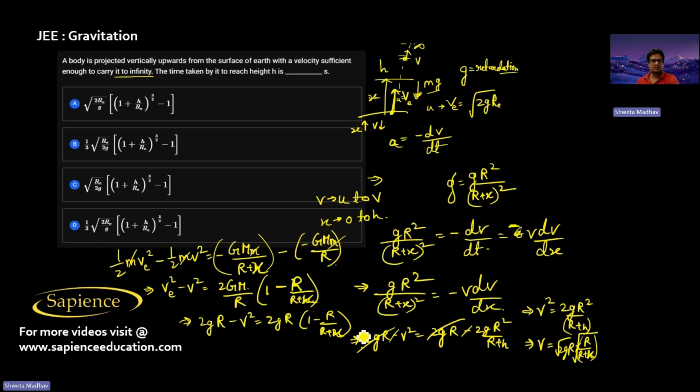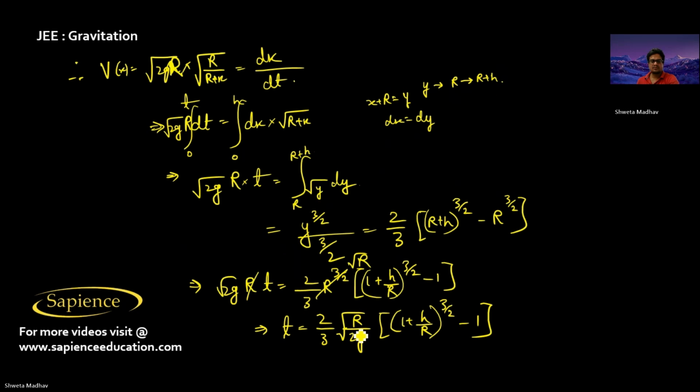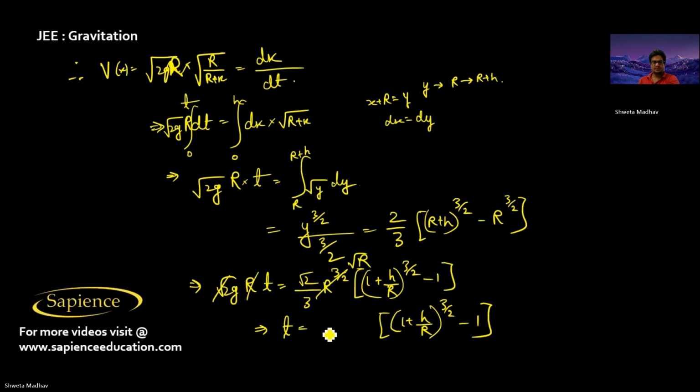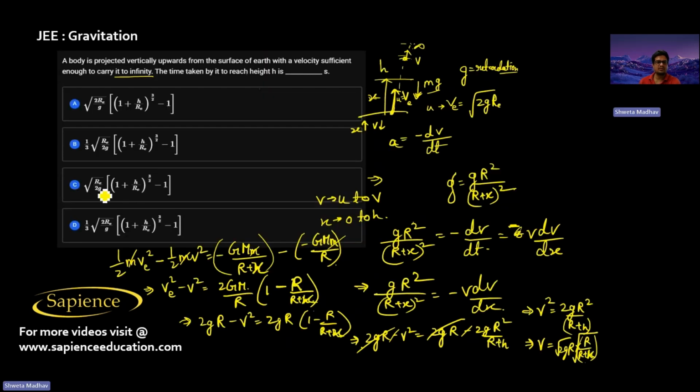So this will become 1 by 3 root over 2 r by g into (1 plus h by r) power 3 by 2 minus 1. So it means that option D is the correct answer.